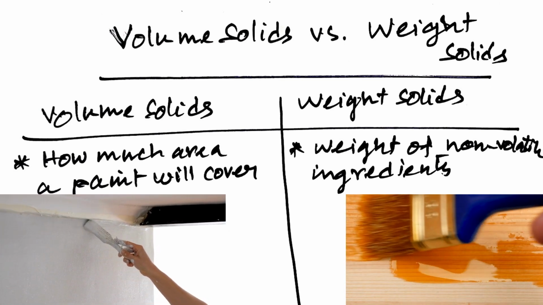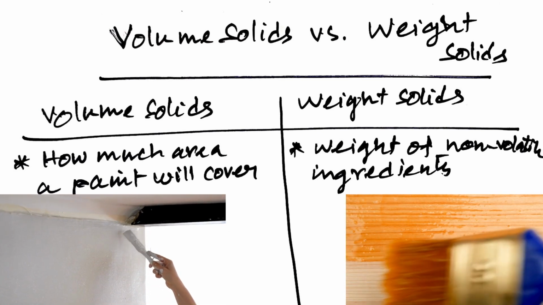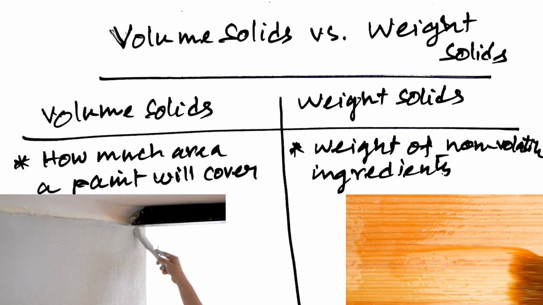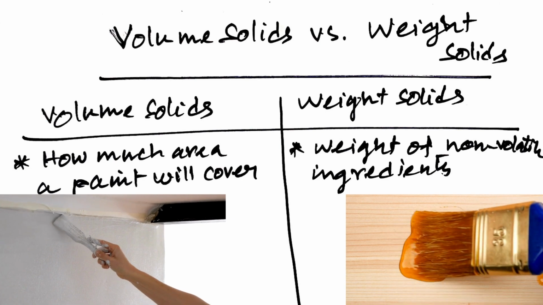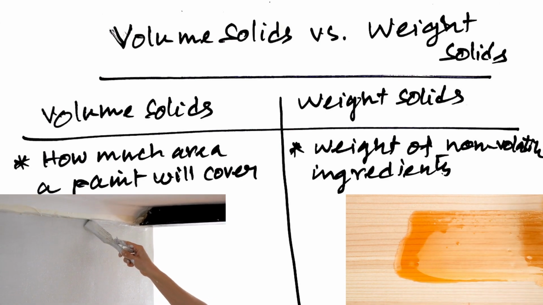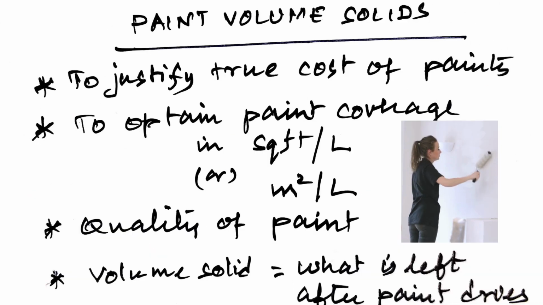Volume solids is how much area a paint will cover on the surface, whereas weight solids is the weight of non-volatile ingredients. Now let me focus more on the volume solids.